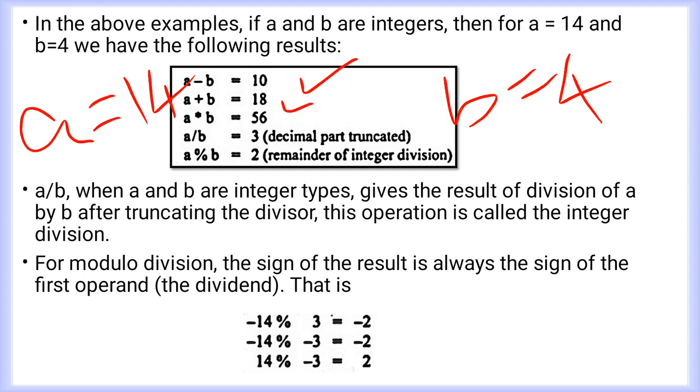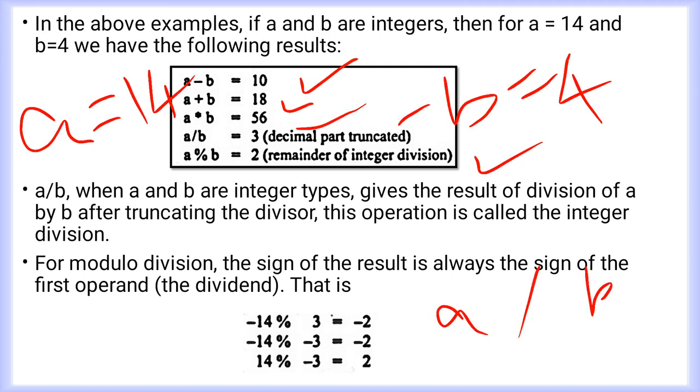14 plus 4 is 18. 14 into 4 is 56. 14 by 4 is 3. The decimal part is truncated because this is integer arithmetic. a modulus b is equal to 2: 14 divided by 4 gives a remainder of 2, that is a modulus b.